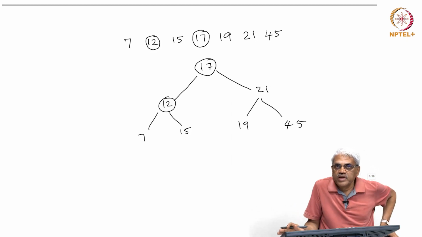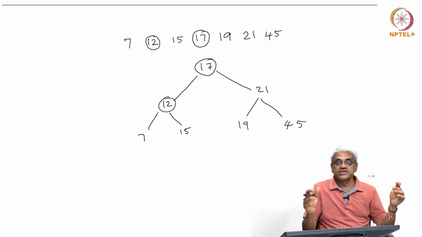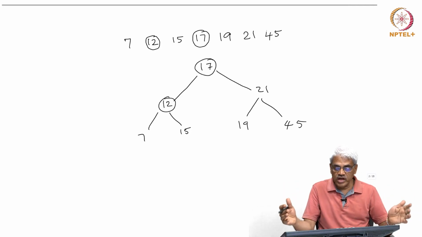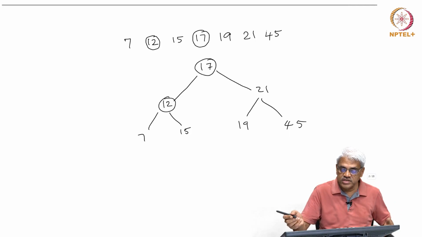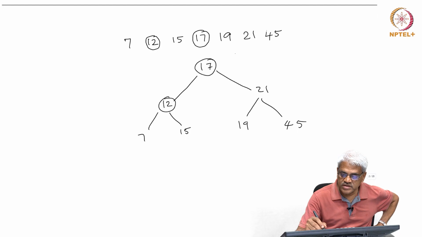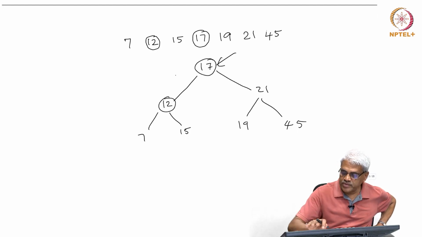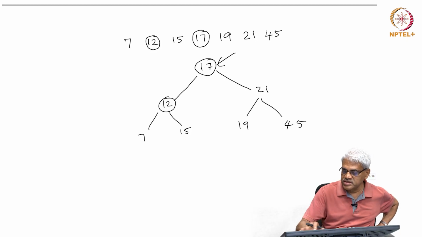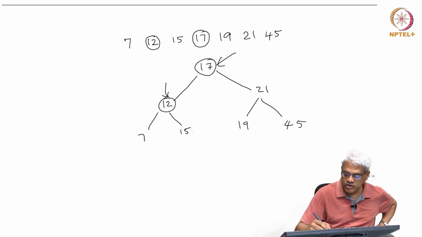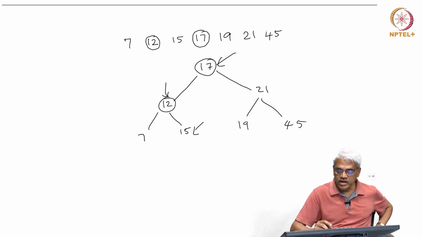So it is not a heap, but it's a complete binary tree as far as the shape is concerned. We know that the height of the tree is order log n, and when I want to search for an element, let's say 16, I compare it with 17. Since 16 is smaller, I come to the left subtree. Then I compare it with 12, and I know 16 is larger than 12. I compare it with 15, and then I figure out that 16 is not there.